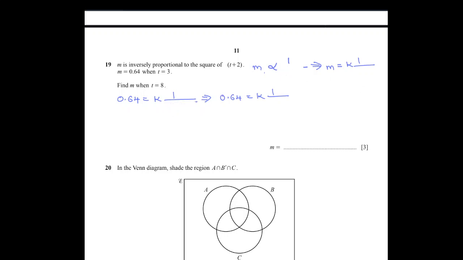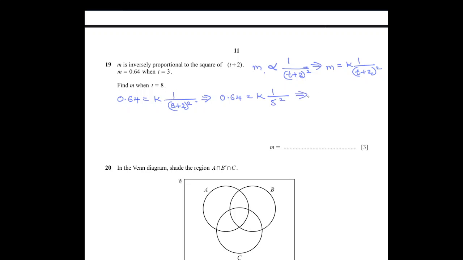Square is t plus 2 whole square. So k into 1 by t plus 2 whole square. This will be the equation. So here it will be 3 plus 2 whole square, that is 5 square.